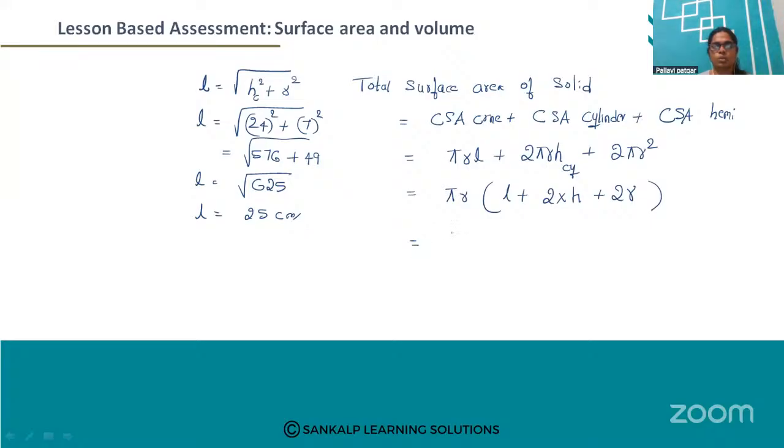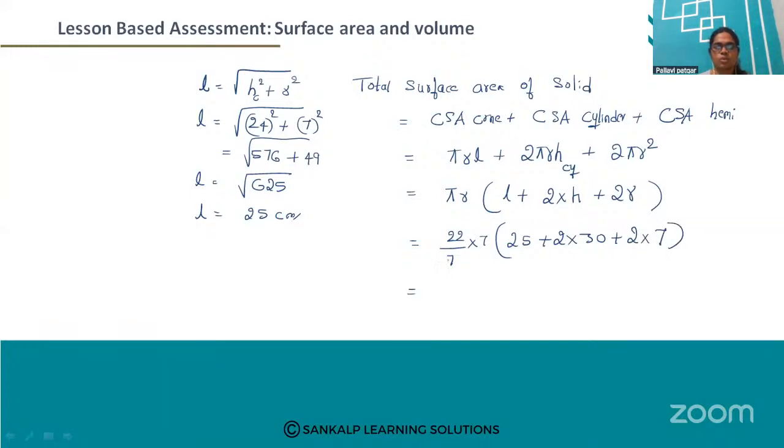This is equal to pi is 22 by 7 into R is 7, into bracket, L is the slant height of the cone 25, plus 2 into height of the cylinder 30, plus 2 into radius of the hemisphere 7.